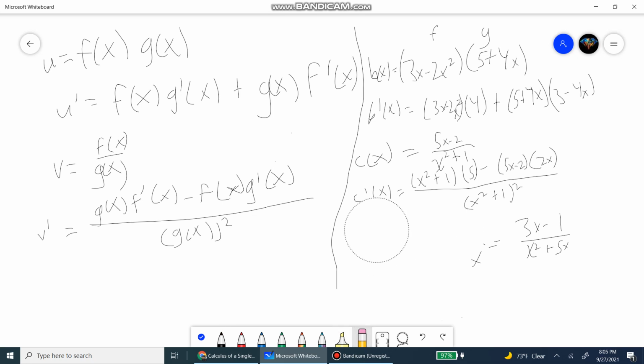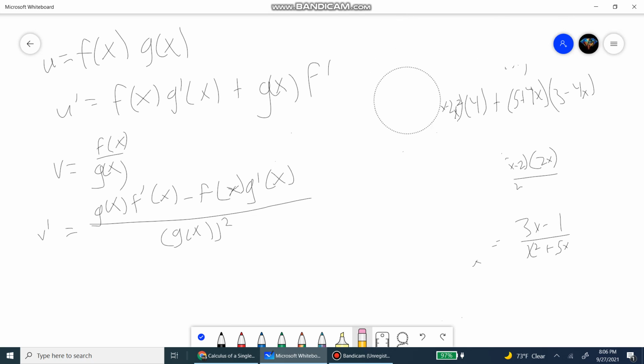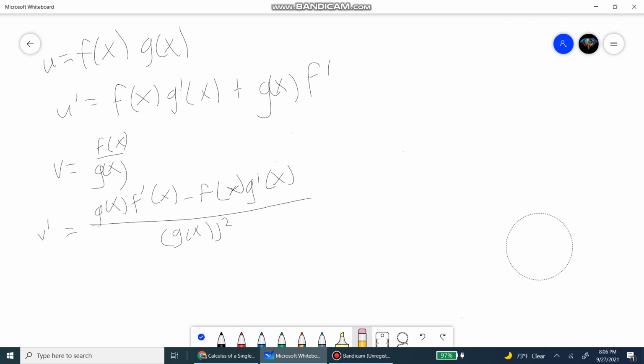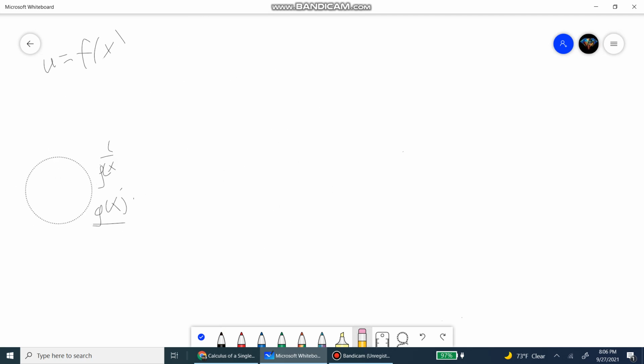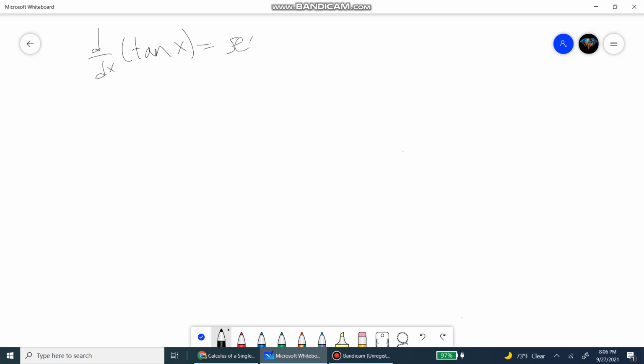And lastly, I want to go over some trig derivatives. The four main ones you've got to remember, after the basic ones that I taught last time, are tan, secant, cotangent, and cosecant. The derivative of tan x is just secant squared x.